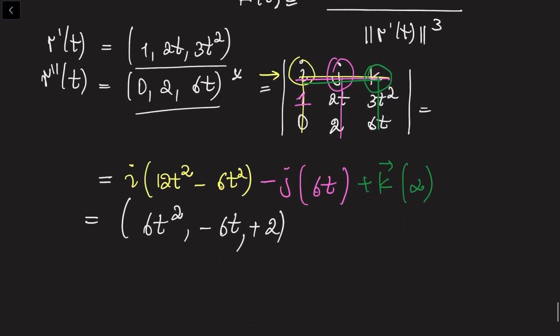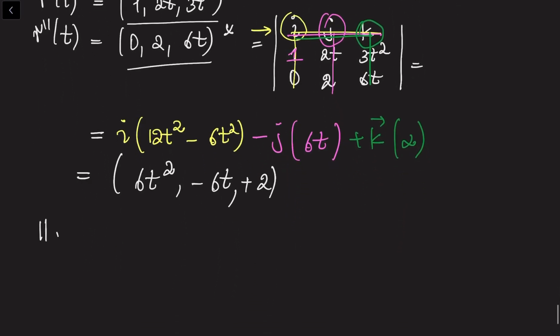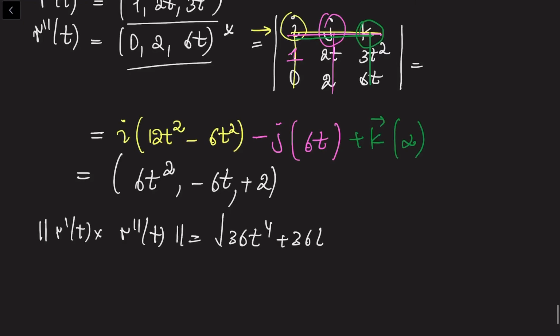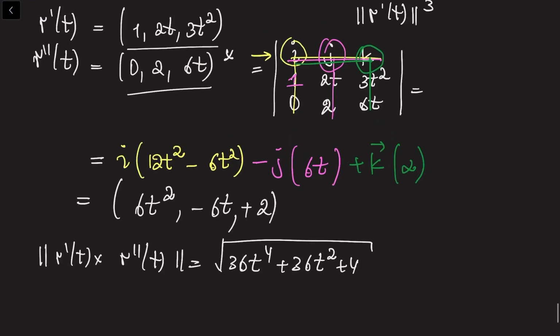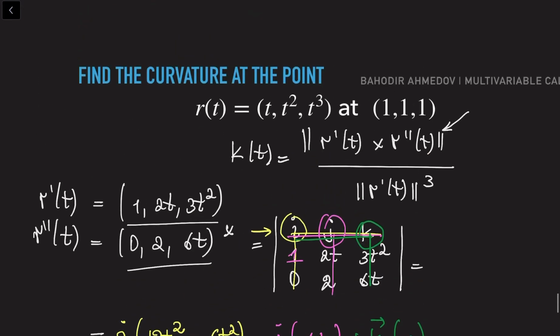We need the norm of this. So the norm of r prime of t cross r double prime of t is going to be equal to the square root of 36t to the power of 4 plus 36t squared plus 4. And actually, we don't need to do any manipulations because we need to just evaluate this at some value of t.